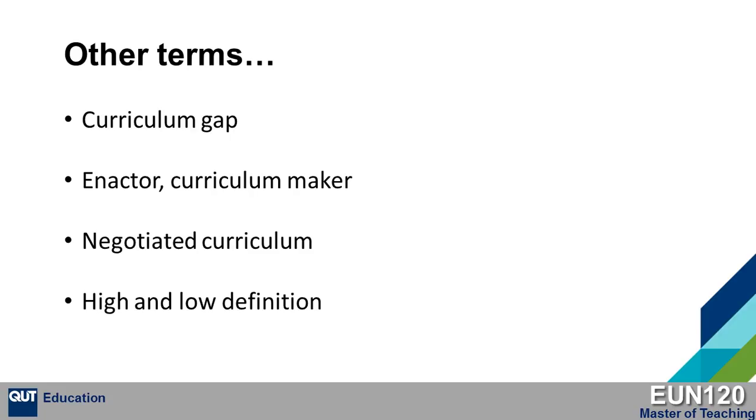High and low definition. This refers to how prescriptive curriculum materials are. High definition allows for little flexibility and is characterized by set texts, materials and tasks, lesson plans, unit plans, some of which are tightly scripted.